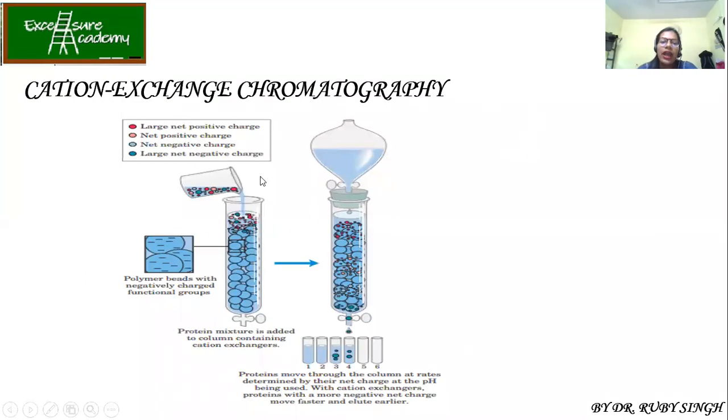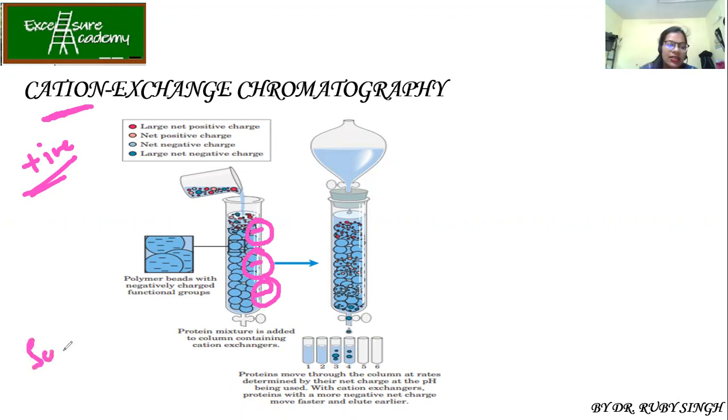Now, this is how cation exchange chromatography works. You have polymer beads with negatively charged functional groups, right? So we are going to exchange cations, that is positive charge. Your matrix is going to have the negative charge like this. There are beads onto which we have negatively charged groups, for example, sulfonic acids.